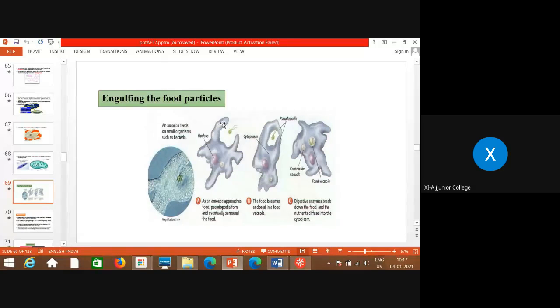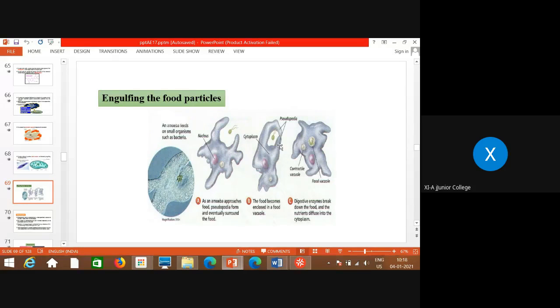These pseudopodia increase and form a false layer that surrounds the food material, and in the second diagram you can see the food vacuole has formed. There, digestive enzymes are released. That means the pseudopodia enclose the food particle, and these enzymes help in the digestion of this food material.